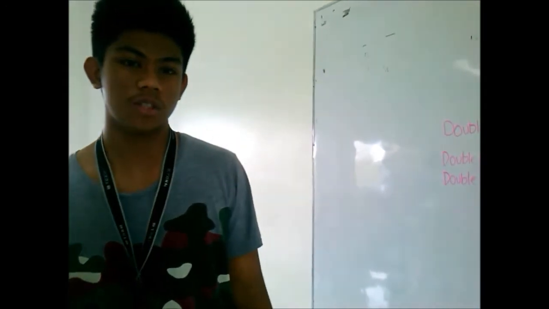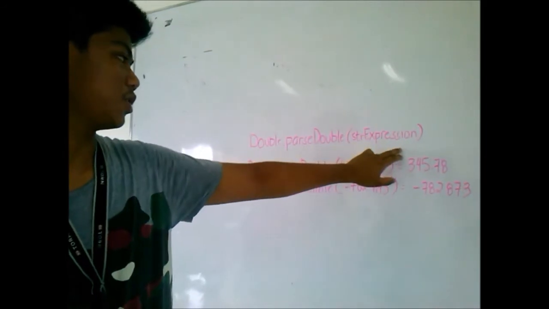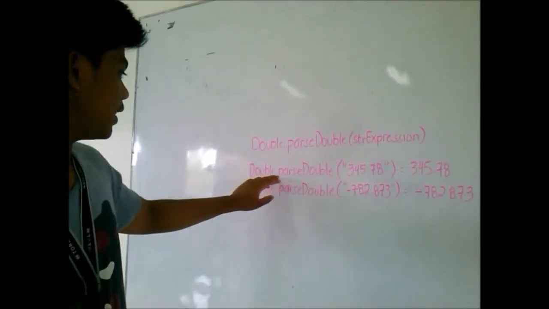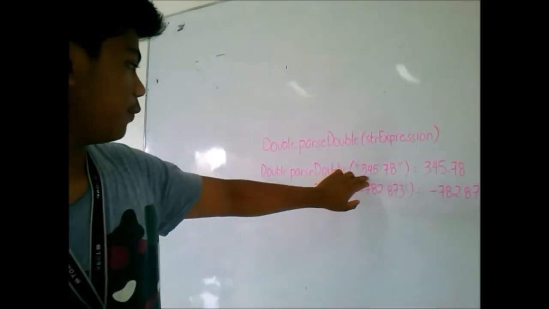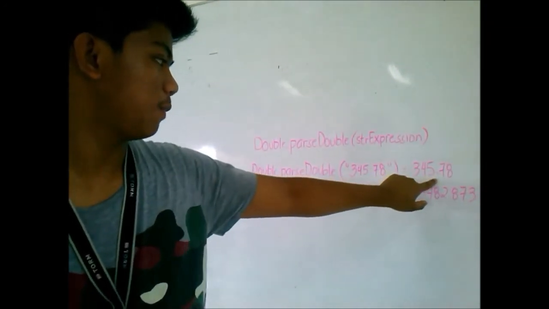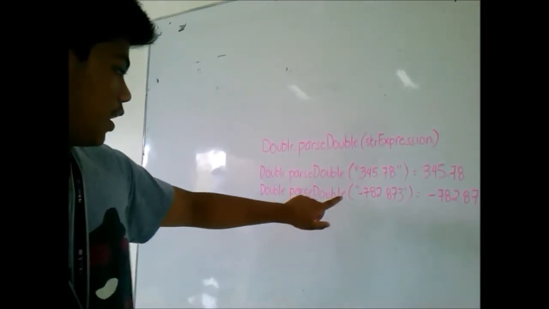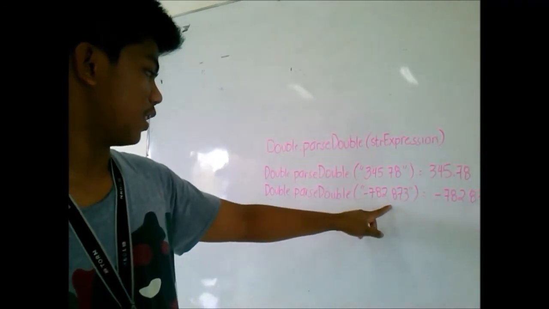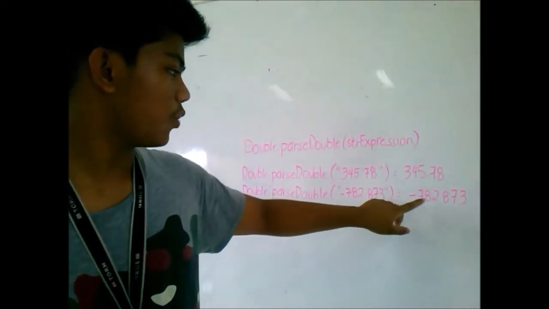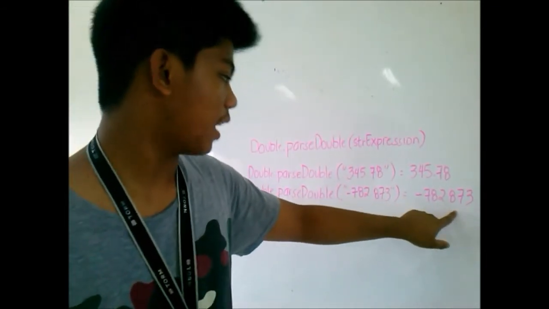To convert strings consisting of a decimal number to a value of the type double, we use Double.parseDouble(strExpression). For example, Double.parseDouble("345.78") is equal to 345.78. Double.parseDouble("-782.873") is equal to -782.873.